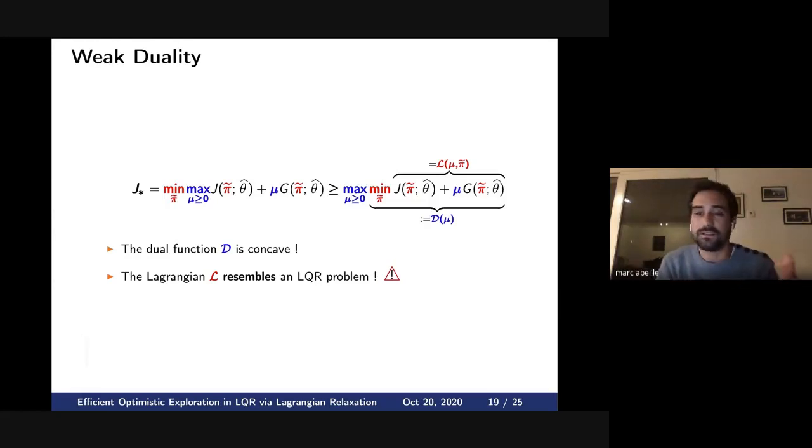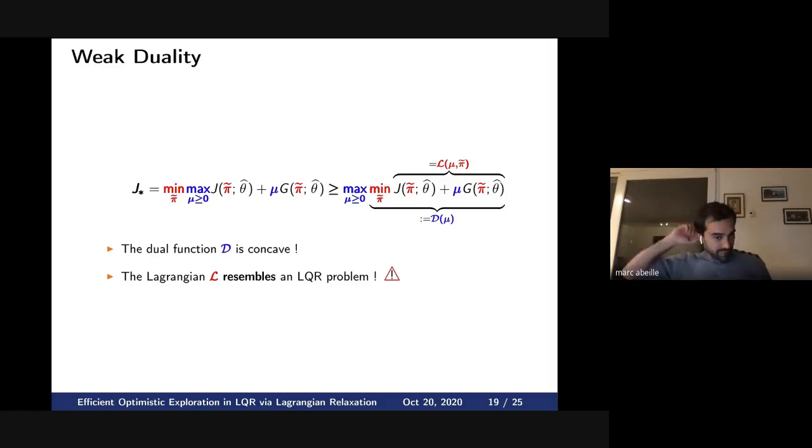And so formally, if I denote J star the optimal value of the constrained problem, it's greater than the maximum of the dual function, curly D, which is given as the minimum over augmented policies of the Lagrangian objective. So the question here is whether the dual function attains its maximum and whether the maximum coincides with J star.